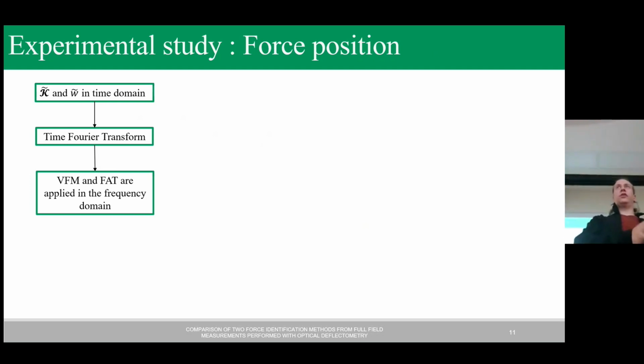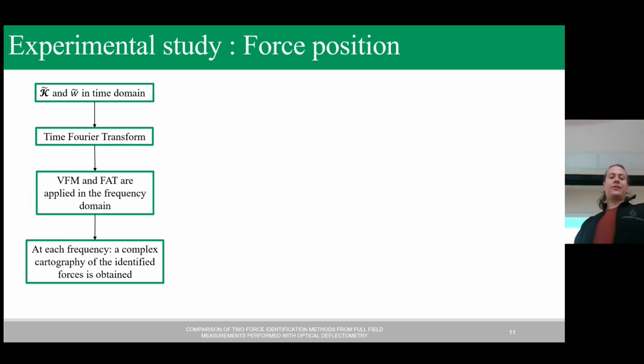So for each frequency that we consider, we get a complex cartography of the identified forces. What we do then is make an average map of all those maps, and we take the modulus in order to see if the force is well located.